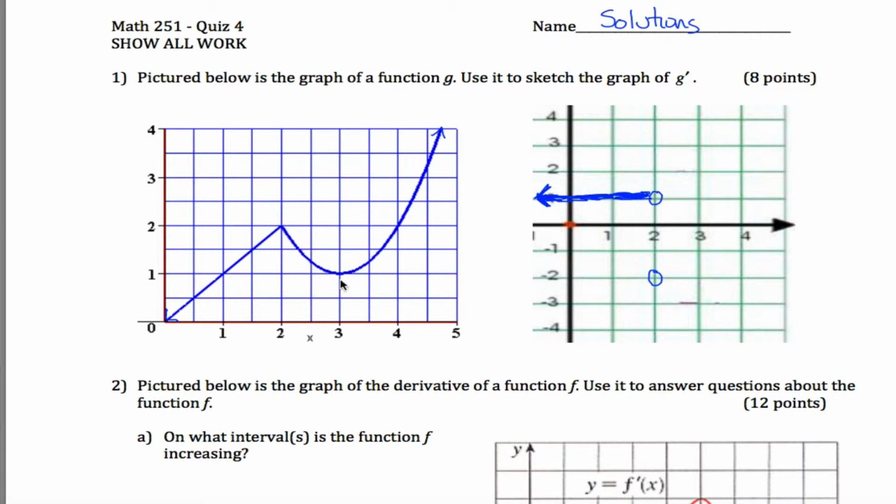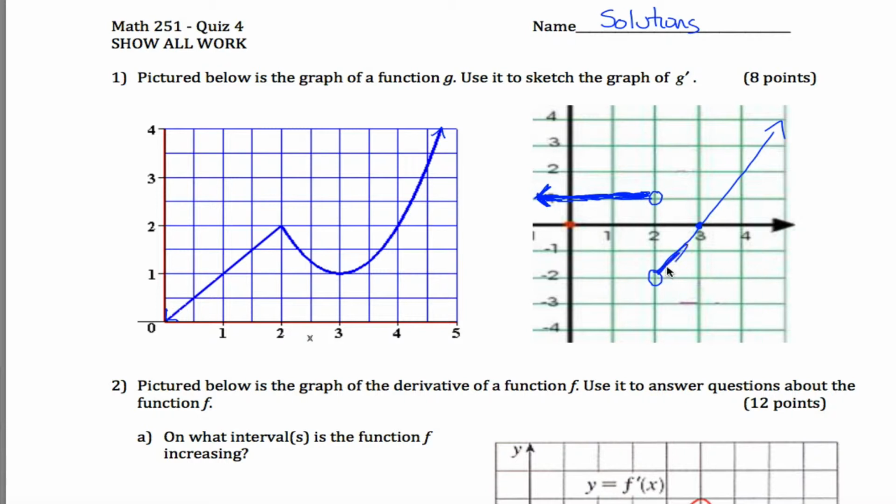And then it's getting less and less steep, closer and closer to 0 until it gets to 3. And at 3, the height is exactly 0. And then when it moves beyond 3, it starts having a positive slope. And it gets more and more positive, which means this goes up and up and up. And maybe my graph looks something like this. If you built in some curve here, that's totally fine.